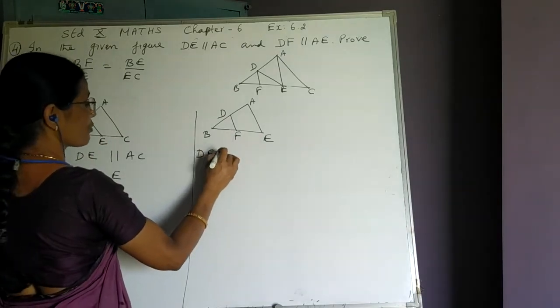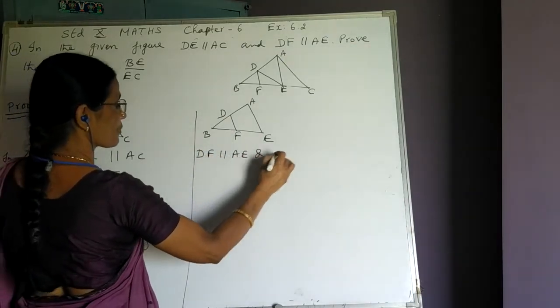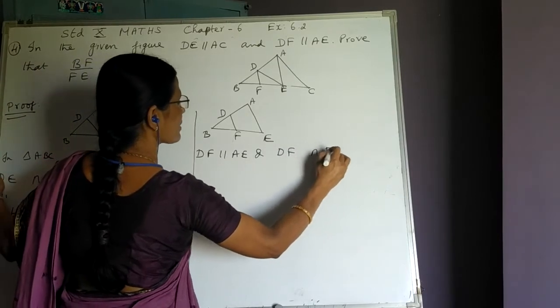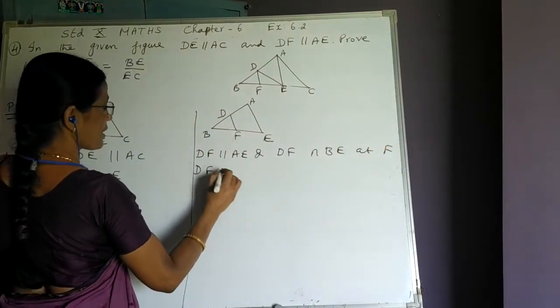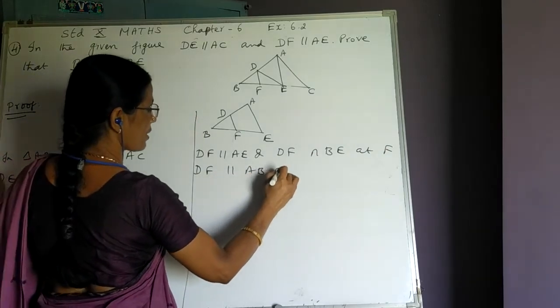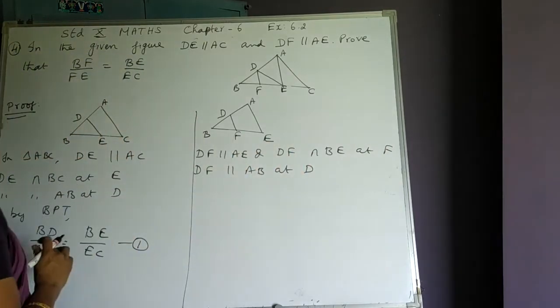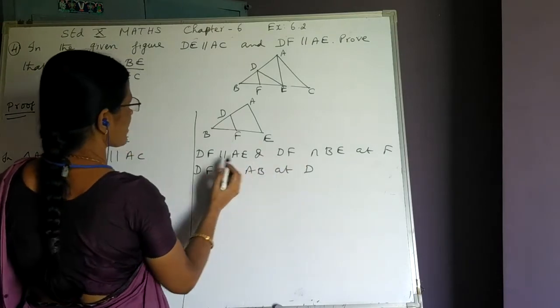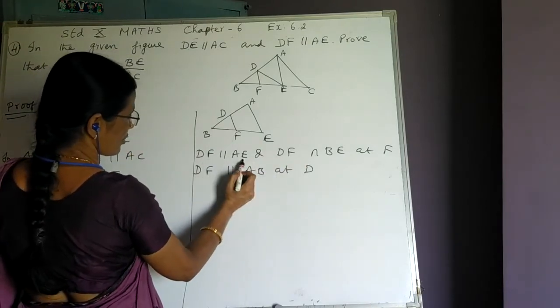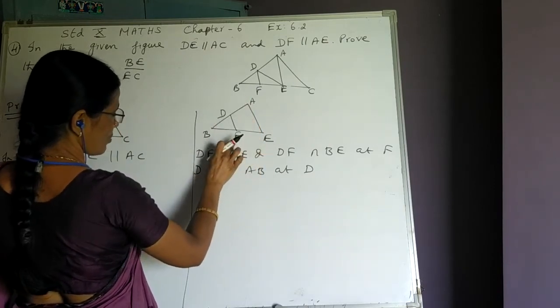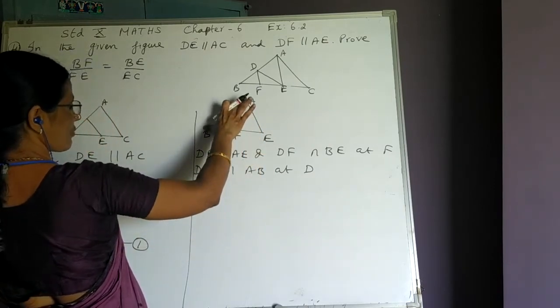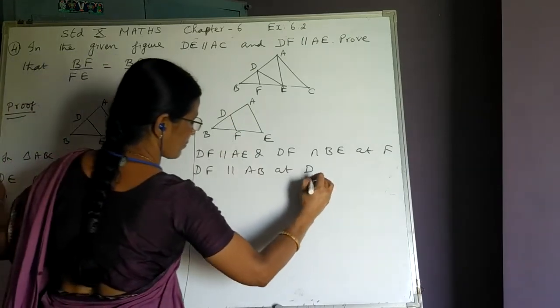So DF is parallel to AE and DF intersects BE at the point F and DF intersects AB at the point D. Hope you understood the symbols.